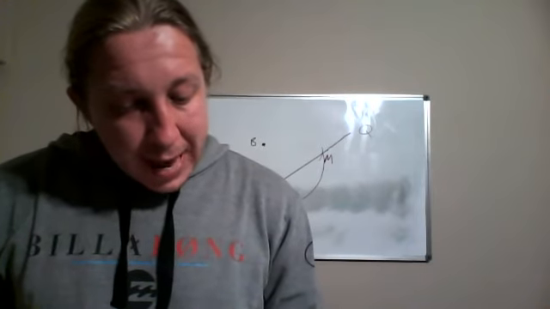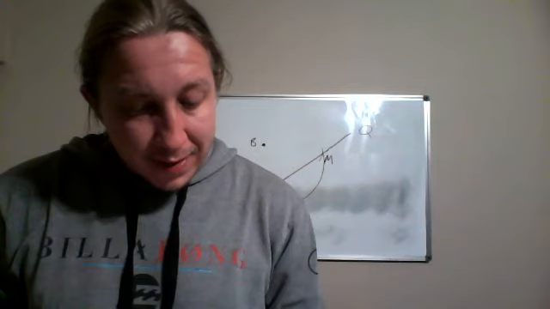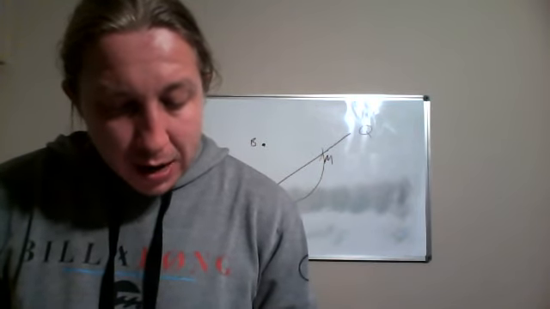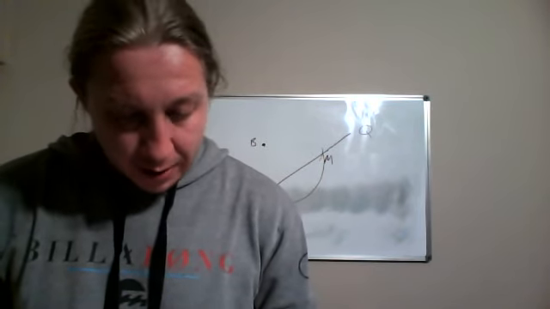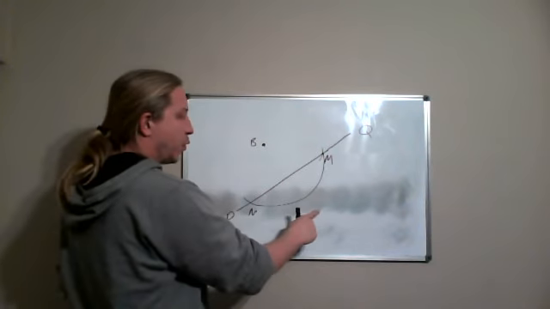Right, place the end of the compass accurately on point M and then draw an arc on the opposite side of the line to B. Okay, so what they're saying now is put your compass needle point at M and draw an arc opposite B. So B is here, we want to draw an arc here.